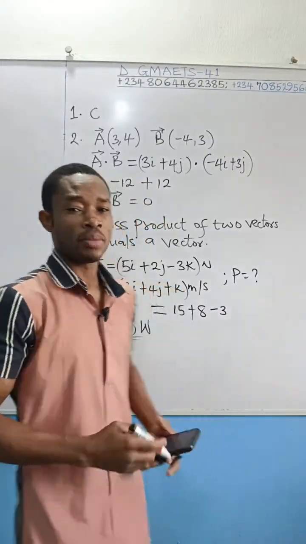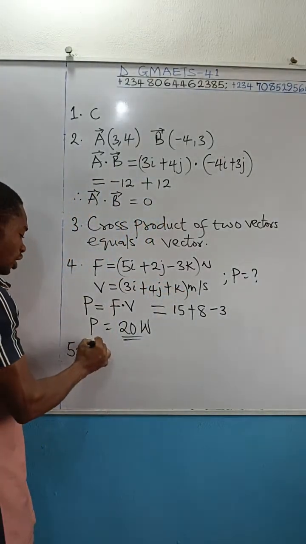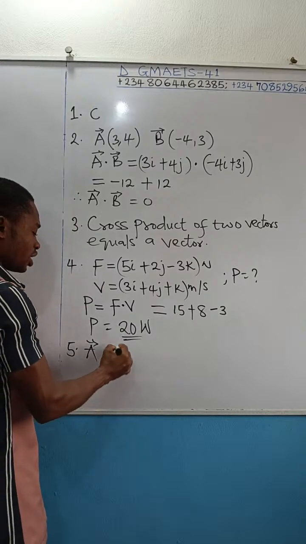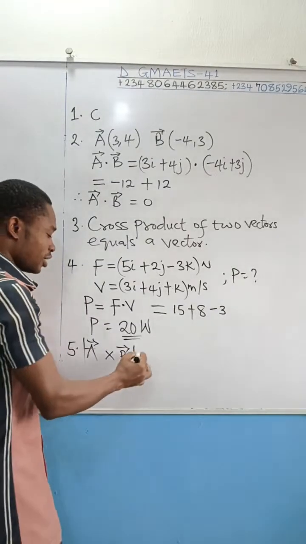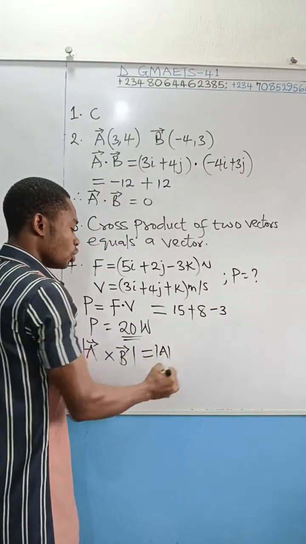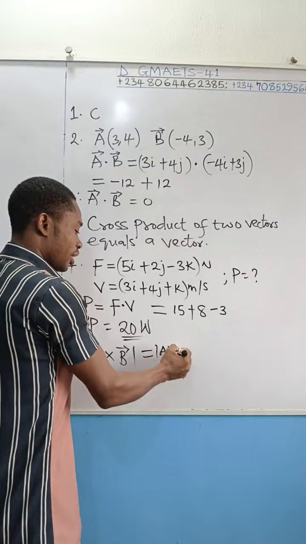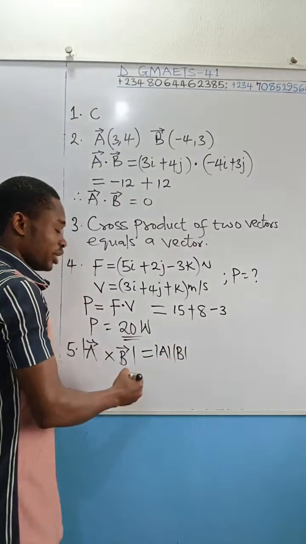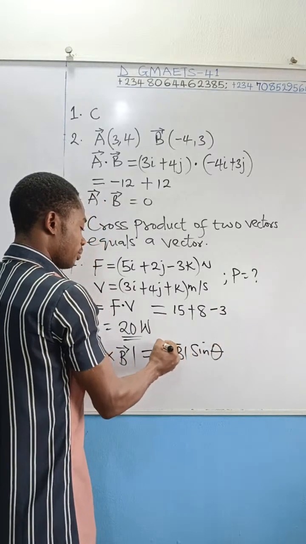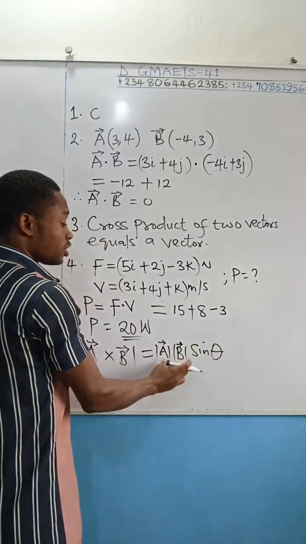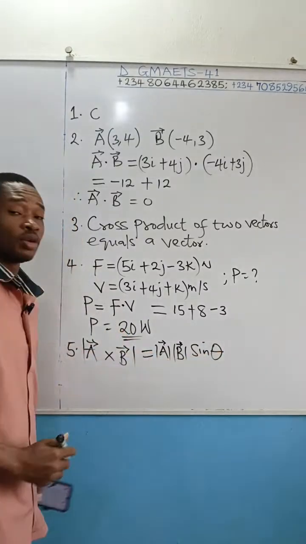I'm going to write the formula on the board. It is expected to be equal to the magnitude of vector A times the magnitude of vector B. Then you multiply this product by the sine of the angle between them.